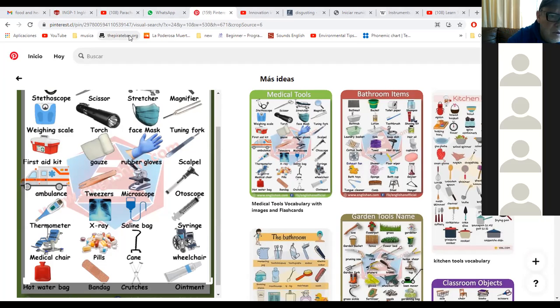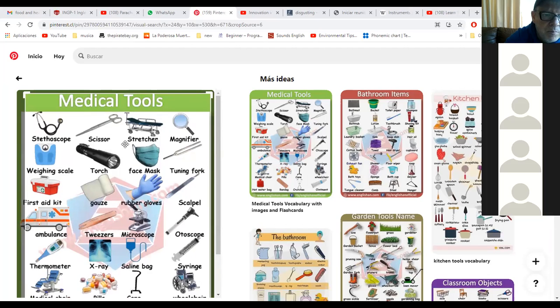This medical tool is used to. Con eso empieza siempre la descripción. This medical tool is used to measure your weight.